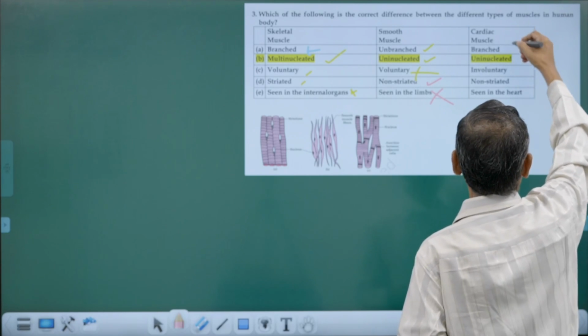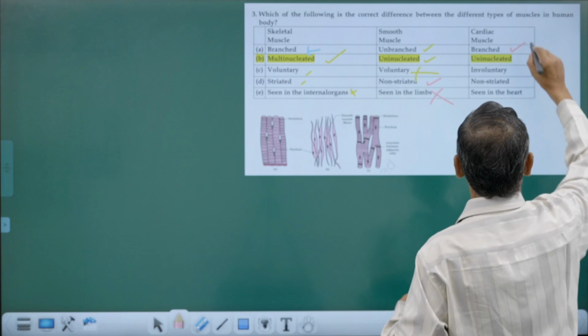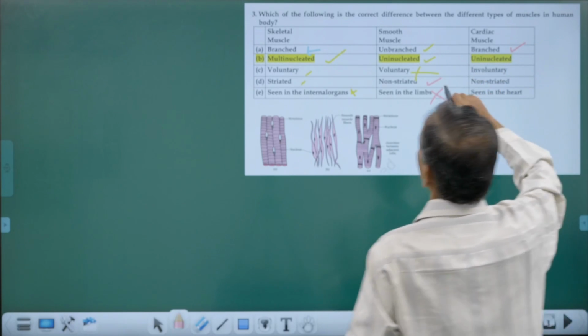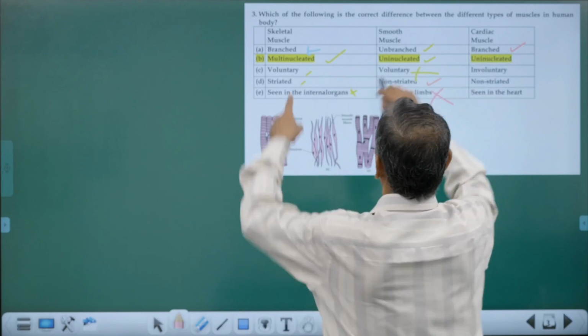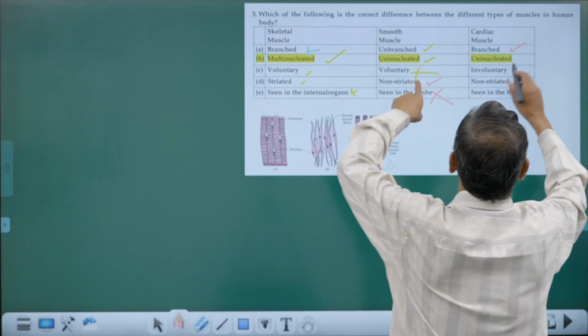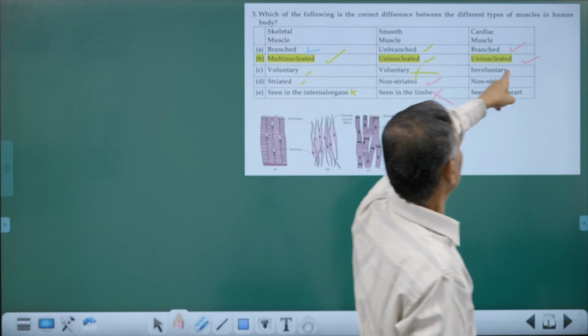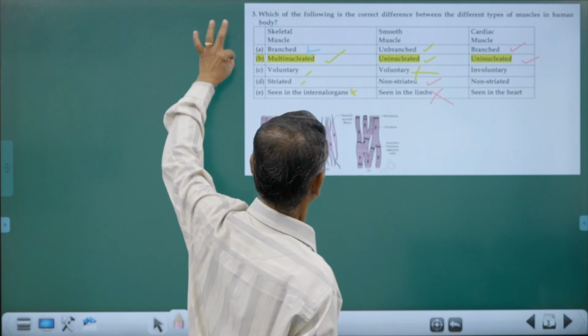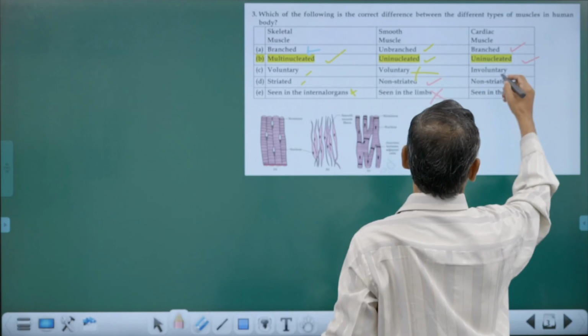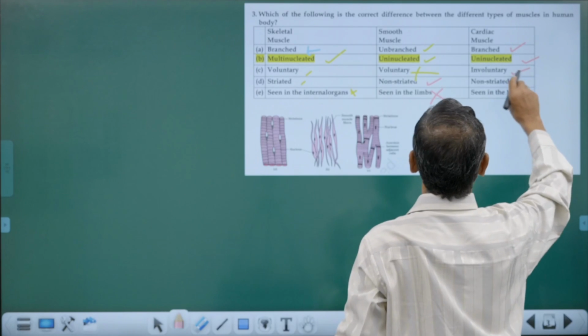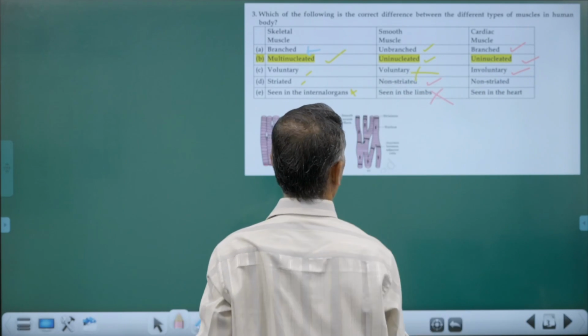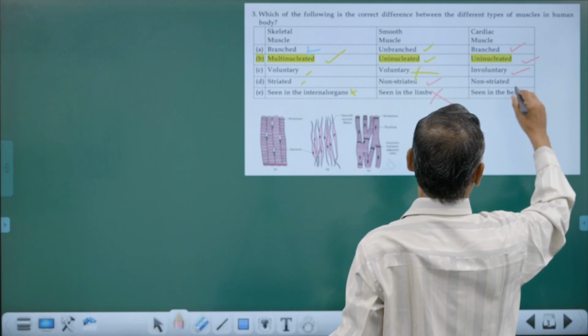Now, cardiac muscle. They are all branched, correct? So, you see this row, this is wrong. It is also uninucleated. You can see that in this row, all the three are correct. So, you have to take it. Now, they are also involuntary, but this one is wrong. They are non-striped?